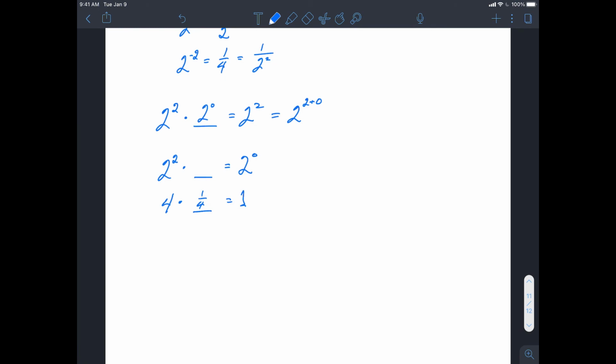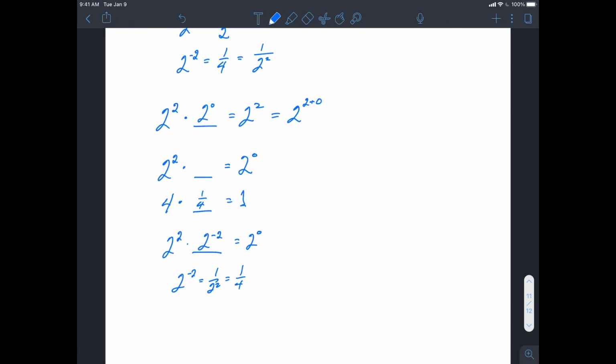But if we're also to apply the rule of adding exponents, 2 squared times what equals 2 to the 0, well, this would have to be 2 to the -2. So there we also see a justification for 2 to the -2 equals 1 over 2 squared, or 1/4. So with this interpretation of negative exponents, this seems to make sense.